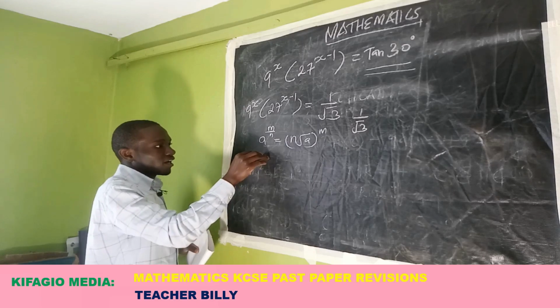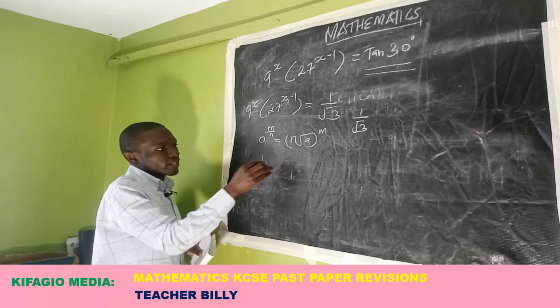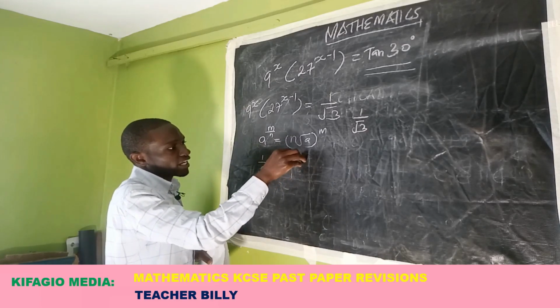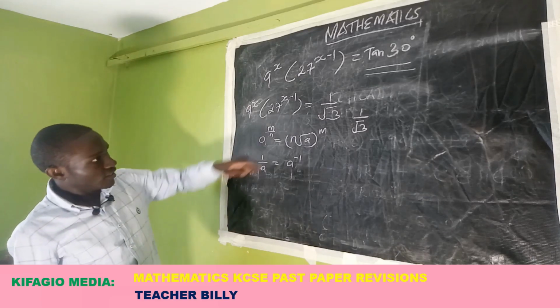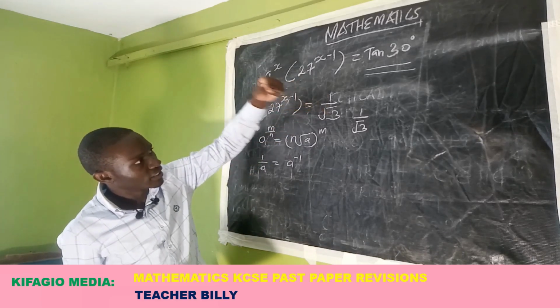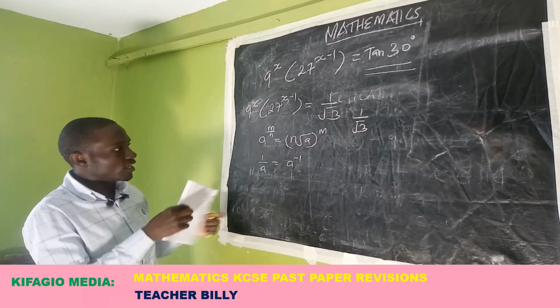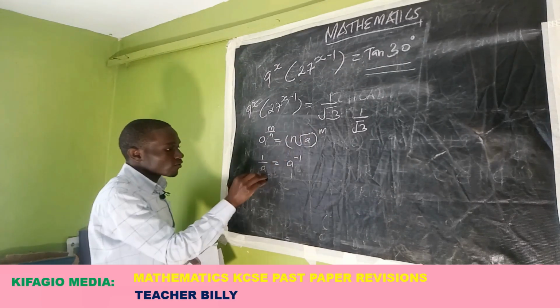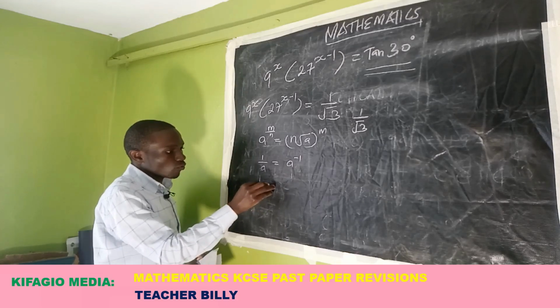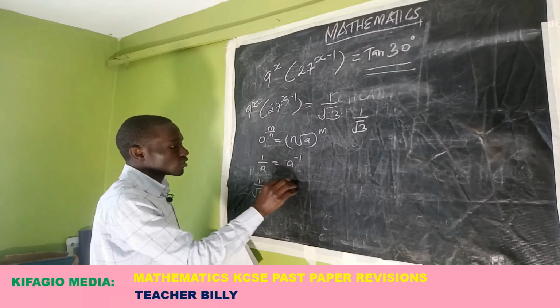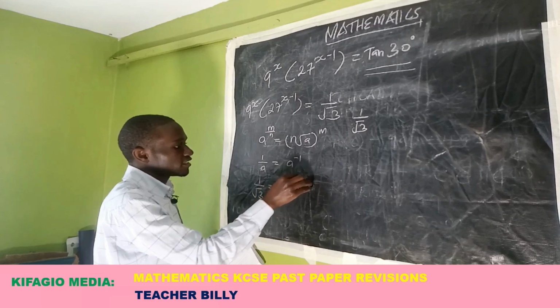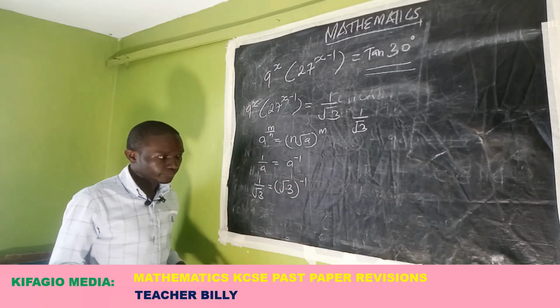And if I have a number 1 over a, it is equal to a power negative 1. Now class, I'm having 1 over root 3. Now this root 3 is my a here. If I was to write it well, 1 over root 3 will be equal to root 3 raised to power negative 1.